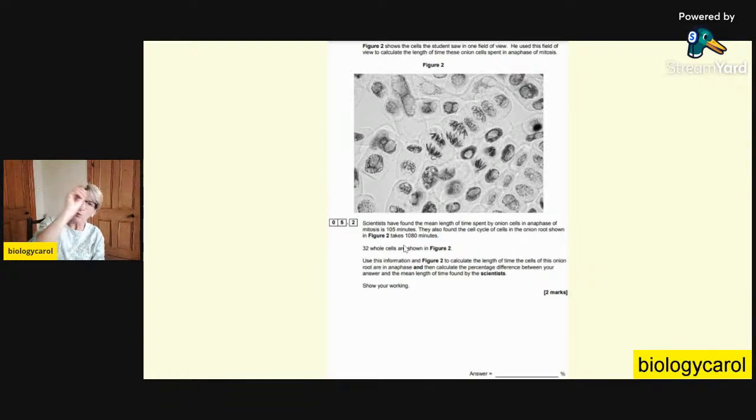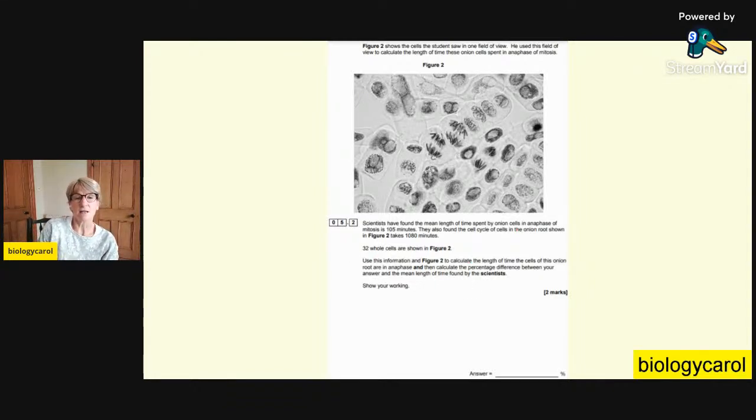The whole cell cycle: interphase, G1, synthesis, G2, and importantly, mitosis, and right at the end, cytokinesis.